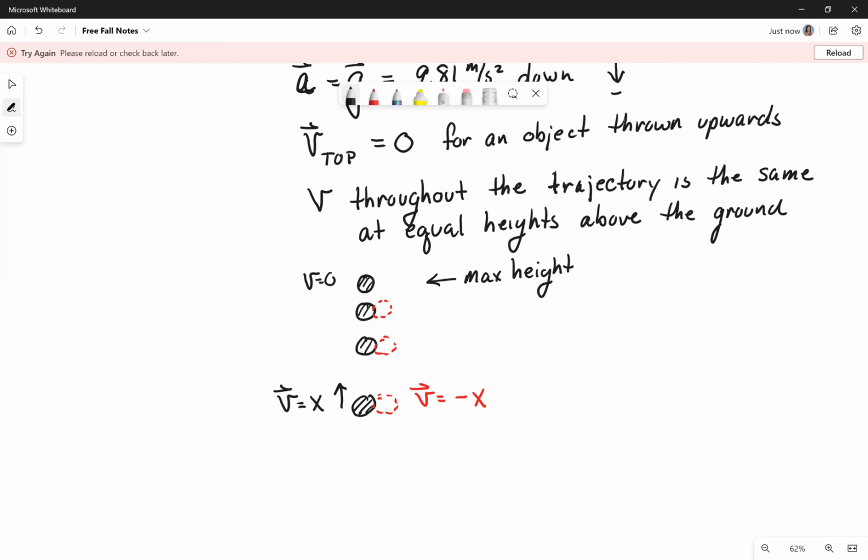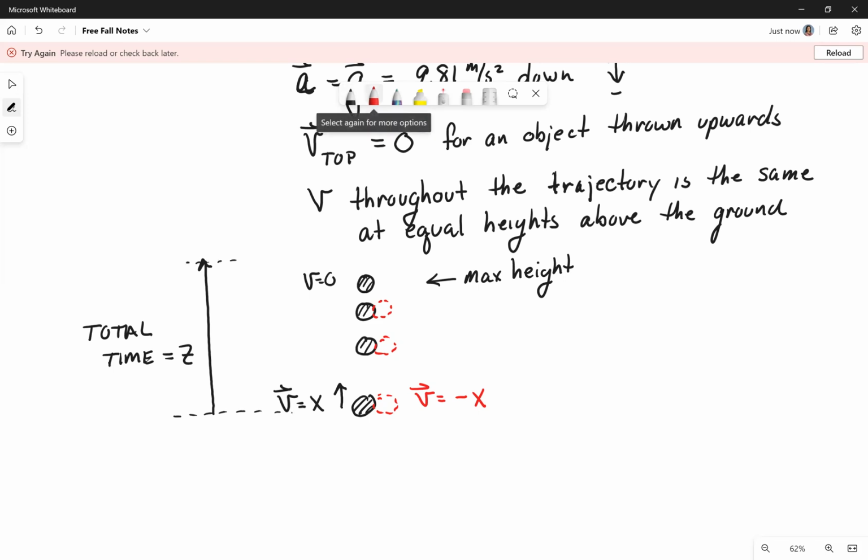And the final thing to think of when you're solving the problems is the amount of time. Because that velocity is the same, the amount of time that it took to go up, say from one position to the maximum height, is a total time equal to z.